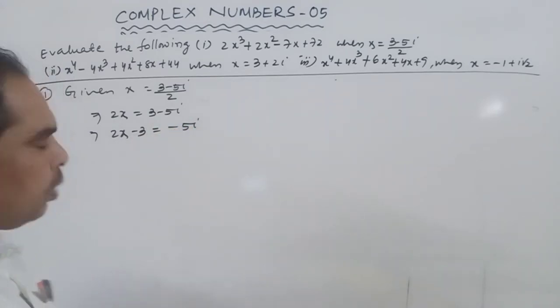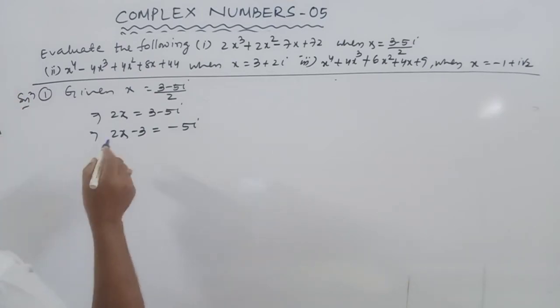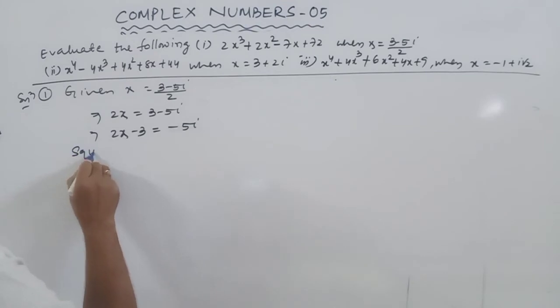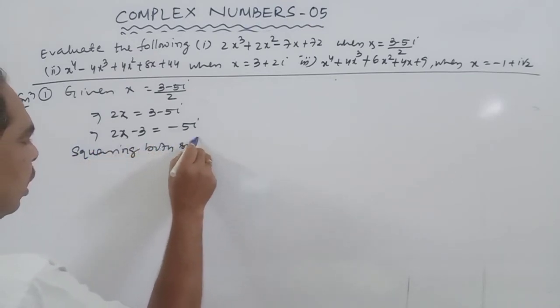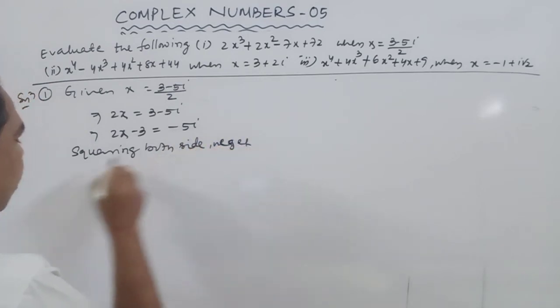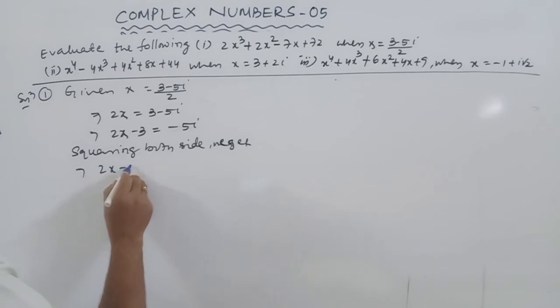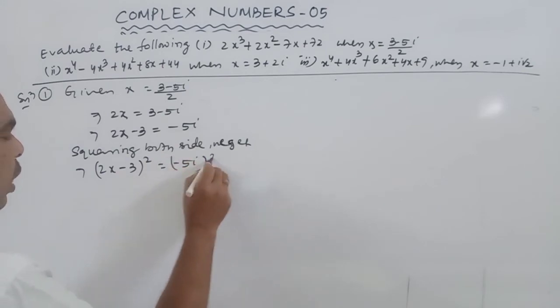Squaring both sides, we get (2x minus 3) whole square is equal to (minus 5i) whole square.